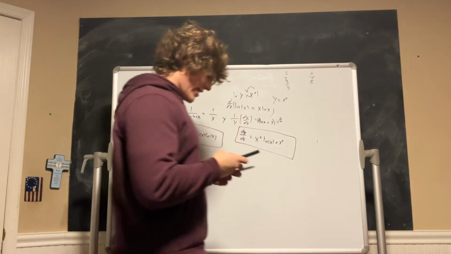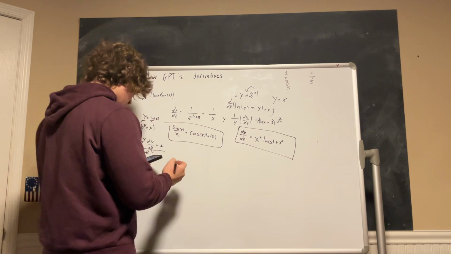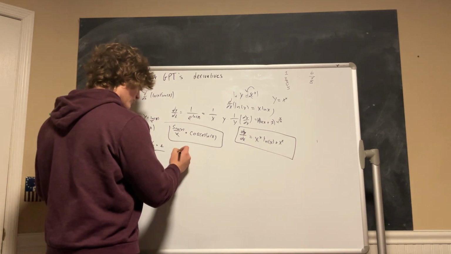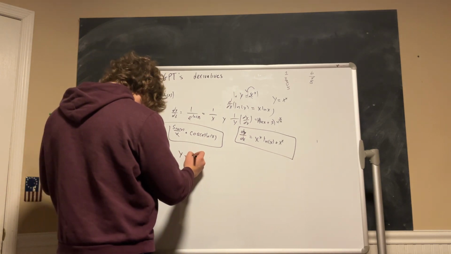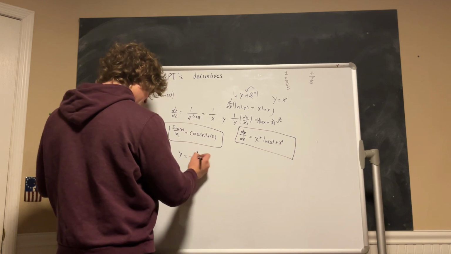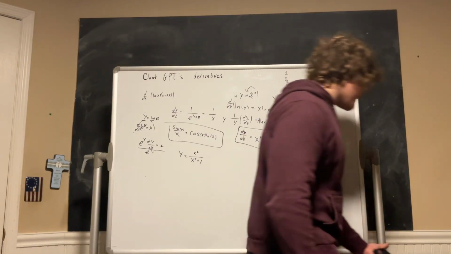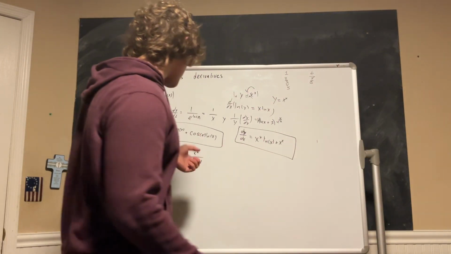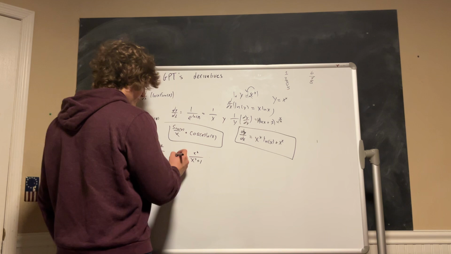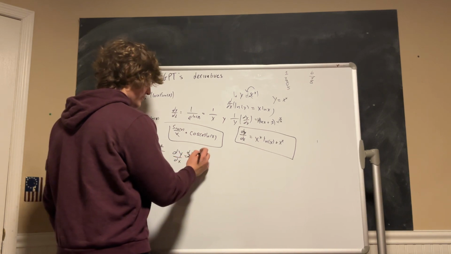Now let's do number 9. Number 9 is going to be the derivative of, so we have y is equal to x cubed divided by x squared plus 1. So for this one, we will just be differentiating with respect to x, so dy by dx is equal to the derivative of this with respect to x.